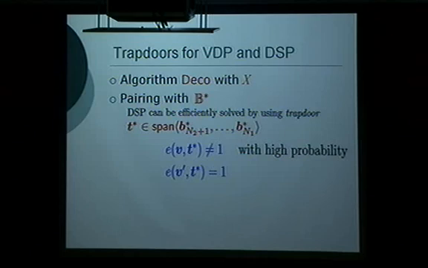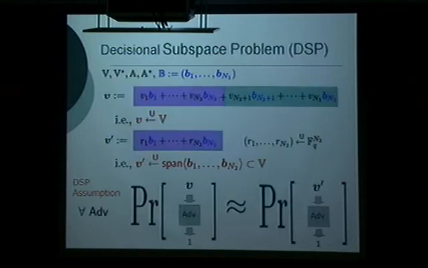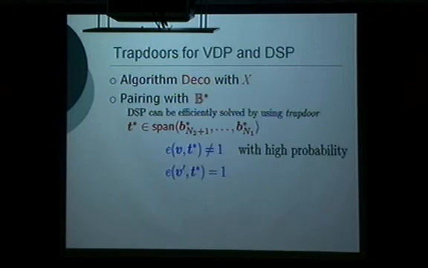For example, if T star is an element of this subspace, then to distinguish V and V star, this type of element is effectively used to distinguish by using a pairing.